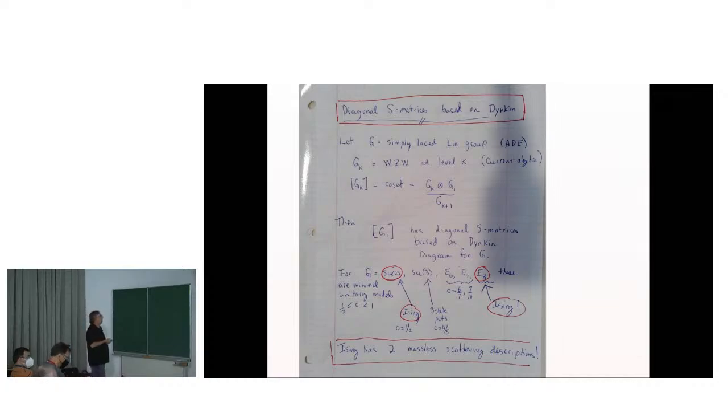Now, it's known that if this is level 1, 1, 2, which is that guy, this has diagonal S matrices. Now, let's focus on the minimal models. So what I just described in terms of Majorana is this Ising. There's one. The number of particles is the rank.